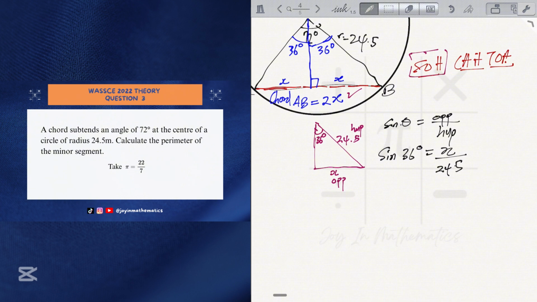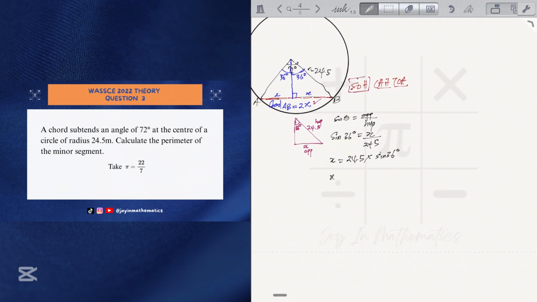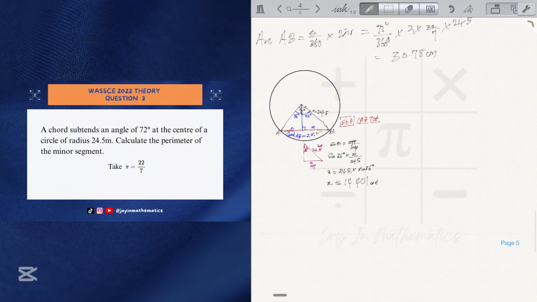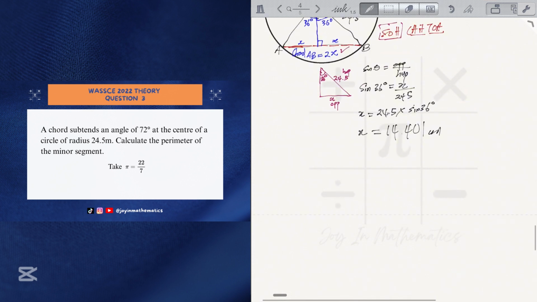So if we cross multiply, we'll find the value of x. X is 24.5 multiplied by sine 36 degrees. With that, if you use a calculator, the value of x will simply be 14.401 centimeters. Now if you apply the principle that AB equals 2x, we can easily find the value of chord AB.